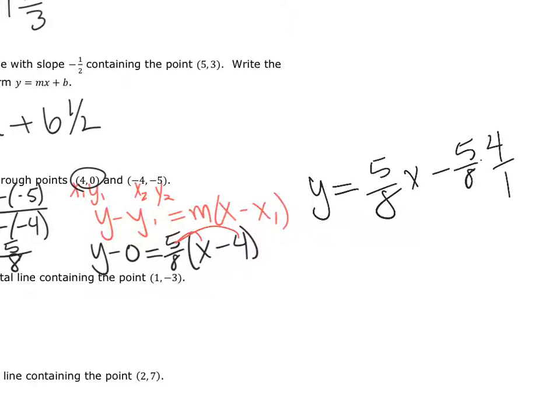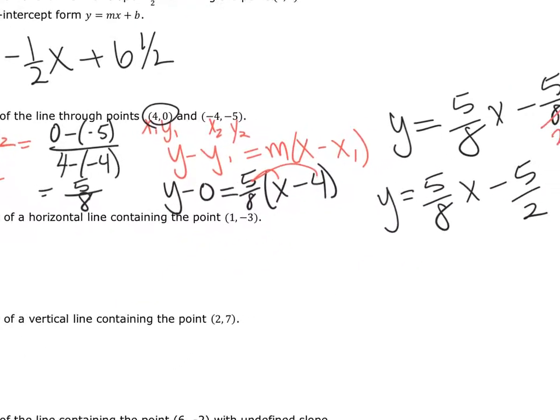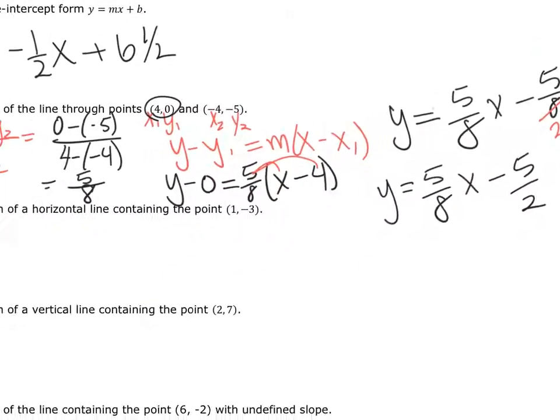I'm going to write this over 1, so I can do some cancellations here. 4 will go into 8 2 times, 4 will go into 4 1 time, and so the equation, if I wanted to write it in slope-intercept form, is 5/8 x minus 5/2. Actually, I'd probably write that as a mixed number.